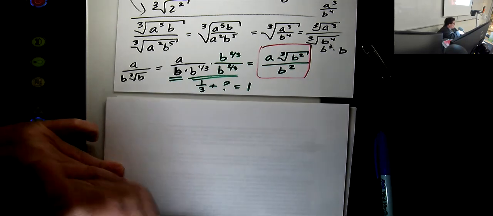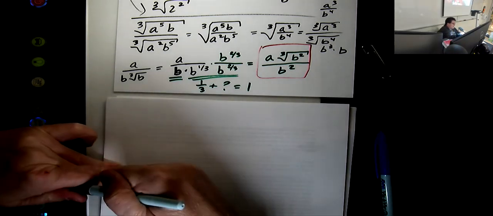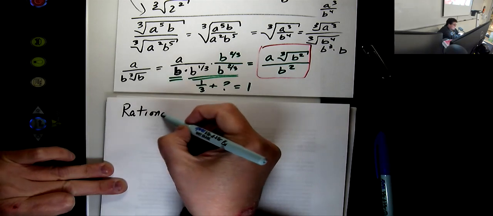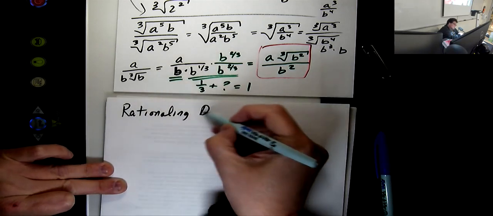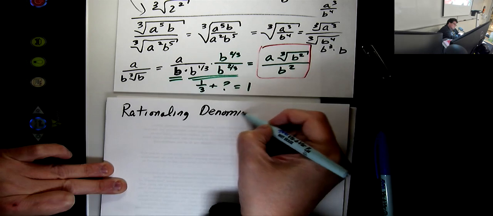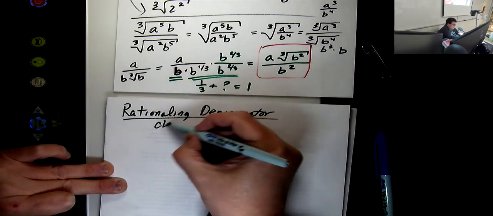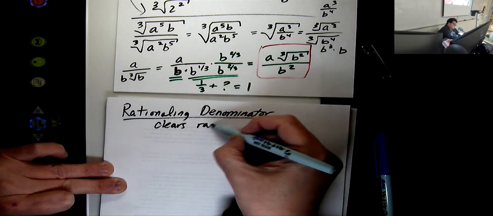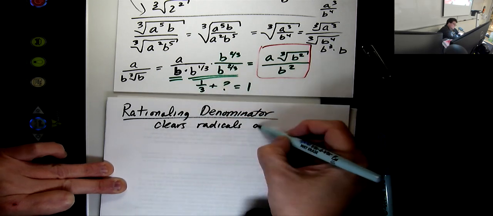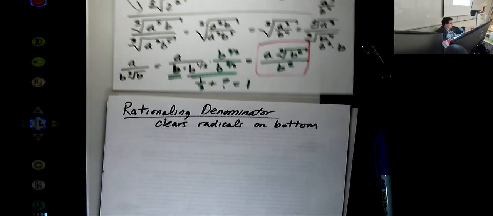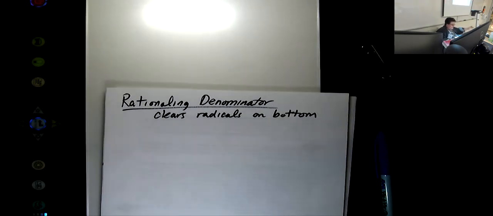Anytime we get rid of the radical sign in the denominator, it's called rationalizing the denominator. It clears the radicals on bottom. Now we've been doing that, but now we are going to up our game.